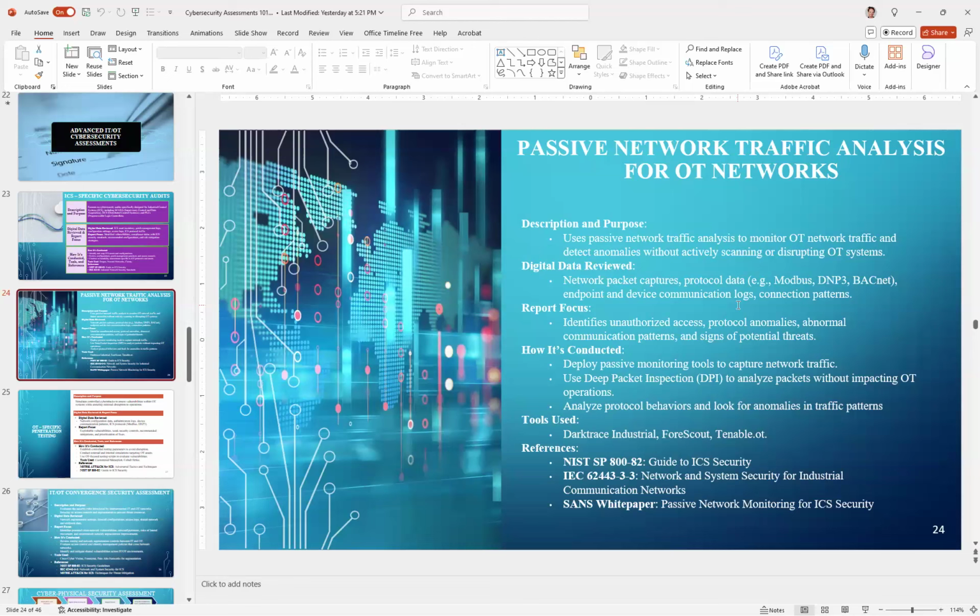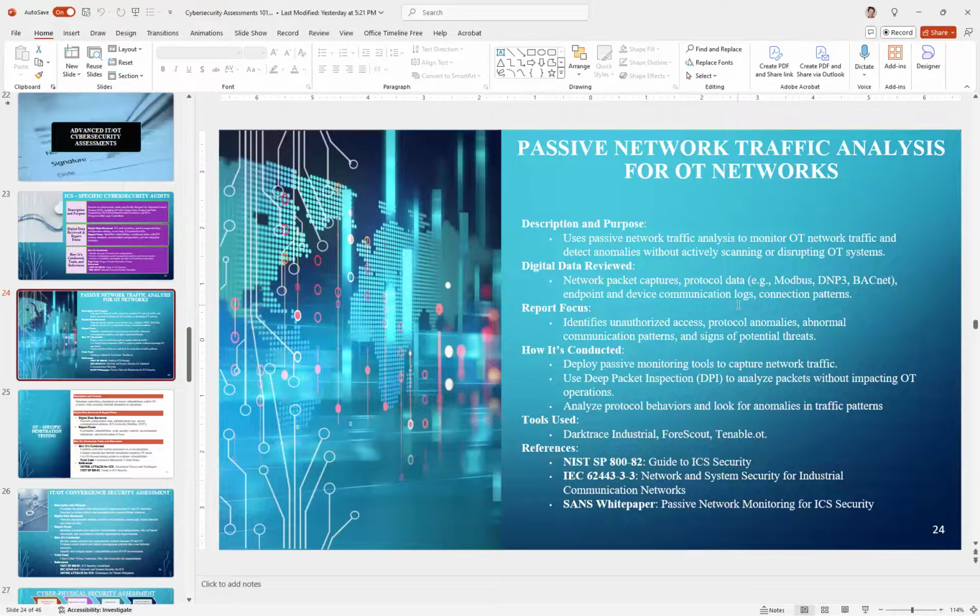Report focus includes identifying unauthorized access, any protocol anomalies, any communication patterns deemed abnormal, and any potential threats or signs thereof. How it's done is to deploy passive monitoring tools to capture network traffic, like a sniffer or any kind of a tool that goes on the network to check the packet information.